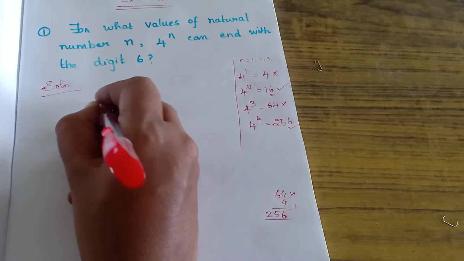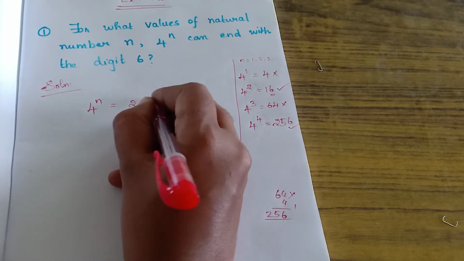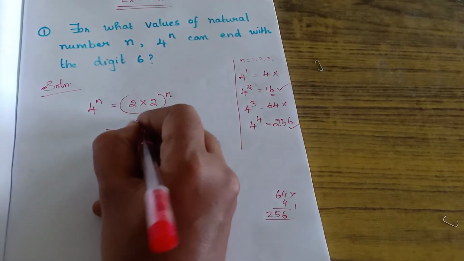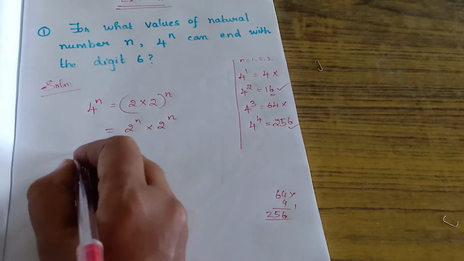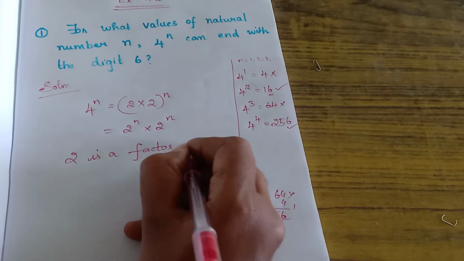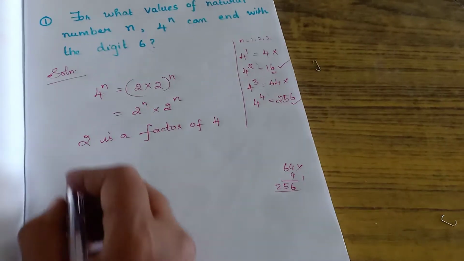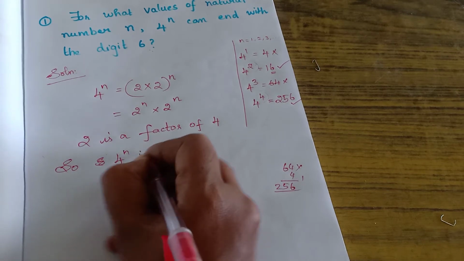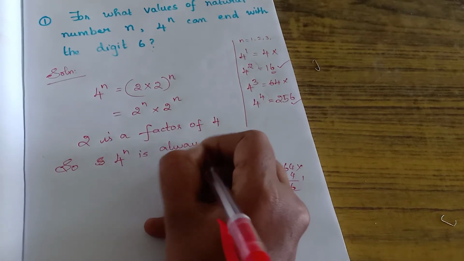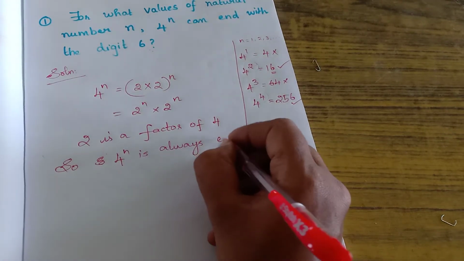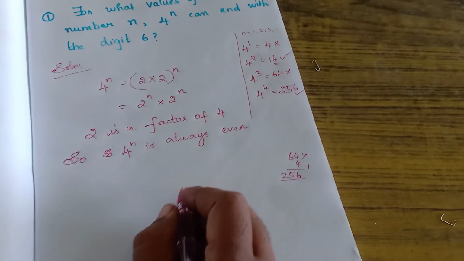4 power n, how can we write? 2 into 2 the whole power n. Is it correct? That means 2 power n into 2 power n. So 2 is a factor of 4. So 4 power n is always even, 2 is a factor, 2 power n is always even.